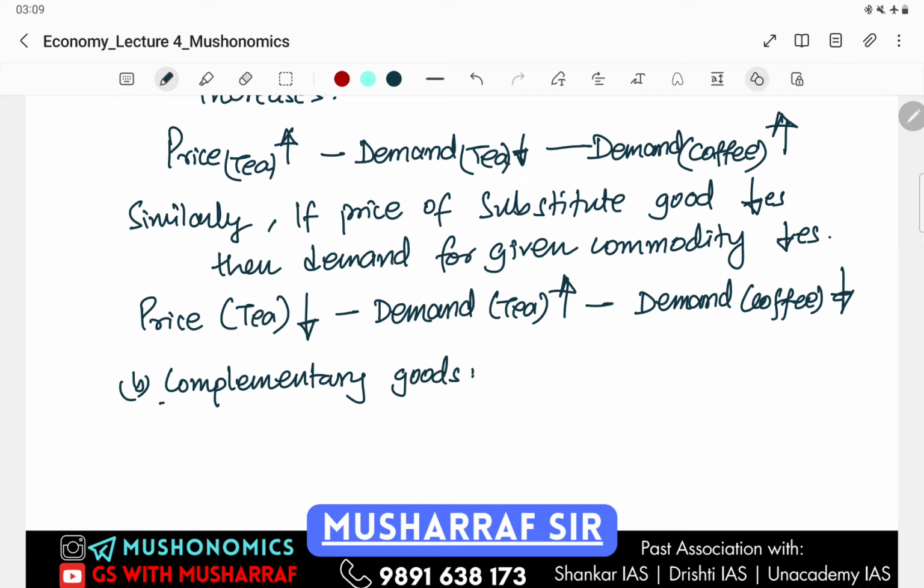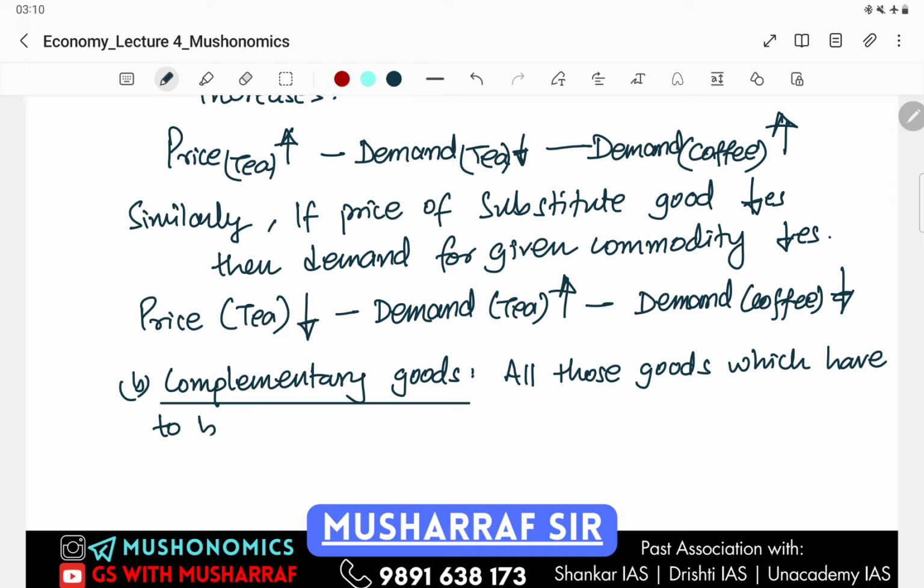Complementary goods are all those goods which have to be used together to satisfy a given requirement.